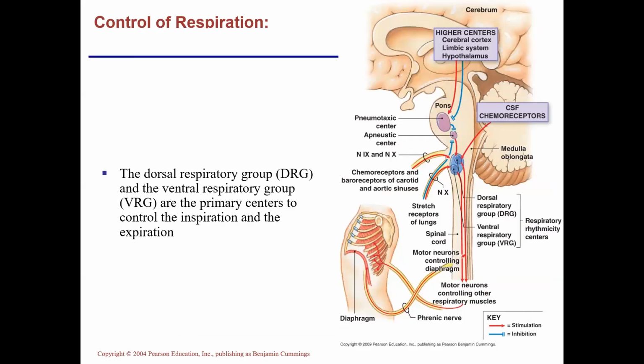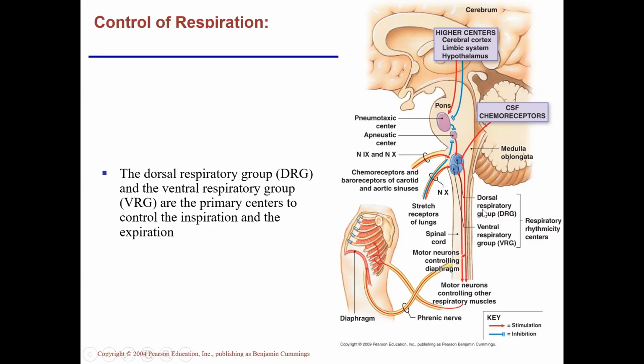All right, so the last part is about control of respiration. I think I'm going to go easy on you, so I want you to know the main things. One, there are different levels of respiration control, of the rate and the depth of the breathing.